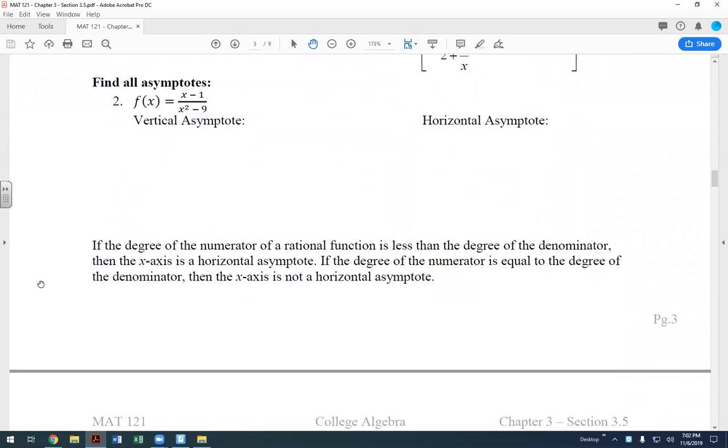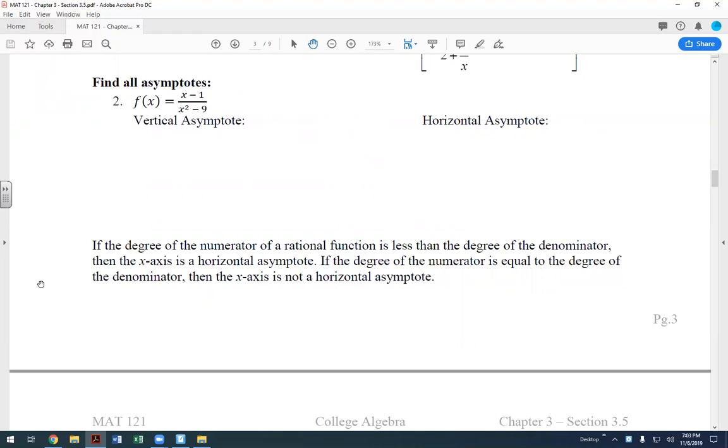If the degree of your numerator is less than the degree of the denominator, you are always going to have the x-axis as your horizontal asymptote. So if the degree in the numerator is less than the degree in the denominator, y equals 0, or the x-axis, is always going to be the horizontal asymptote.